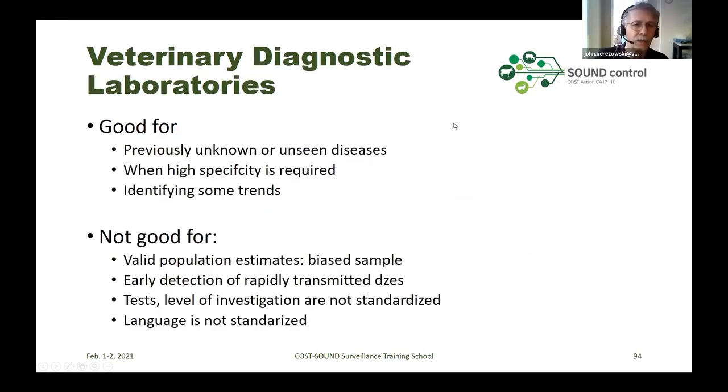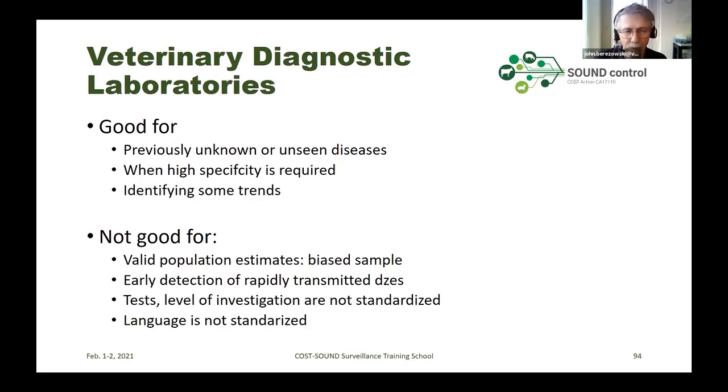And I think the last one is veterinary diagnostic laboratory surveillance. It's good for previously unknown or unseen diseases, and it's often the place where we identify new, previously unseen diseases, so it's very important. It is used when high specificity is required, and we can use it for identifying trends.